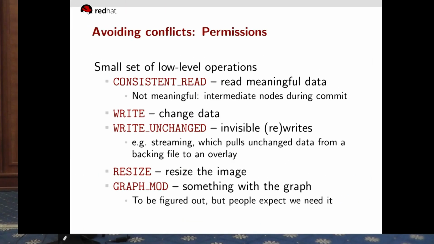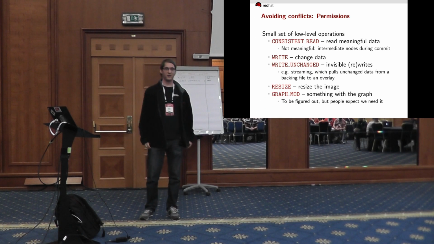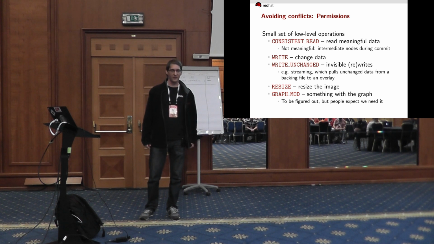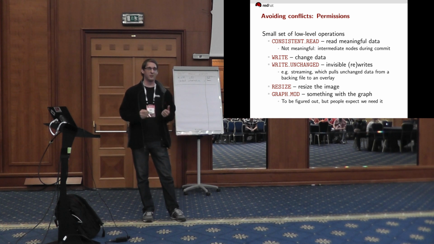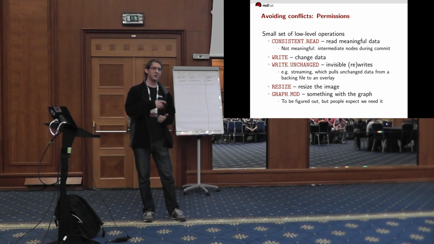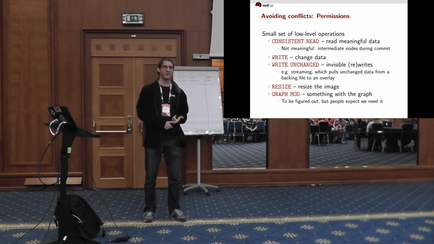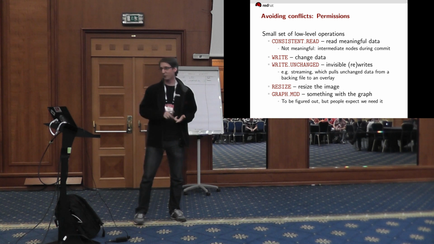So we have a small set of low-level operations that you can use for permissions. And that's basically, I want to write, that's the most important one, I want to write to a node, and I can tolerate writers to the same node. We also have resize.